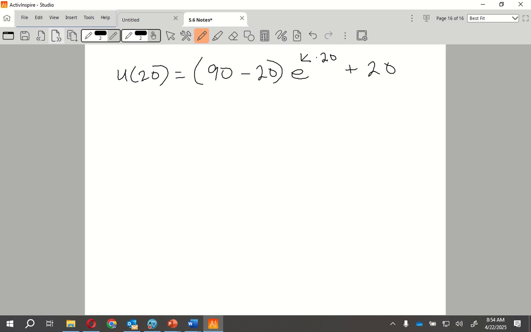And the K value is what we had on that previous one. So we're going to do a little bit of math on this one and then just plug it in the calculator.